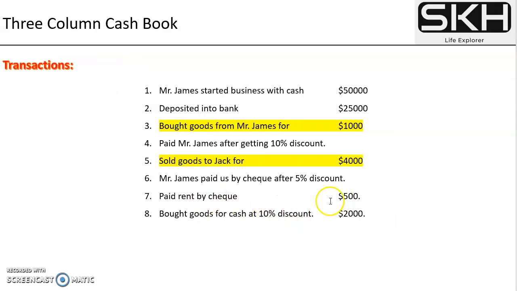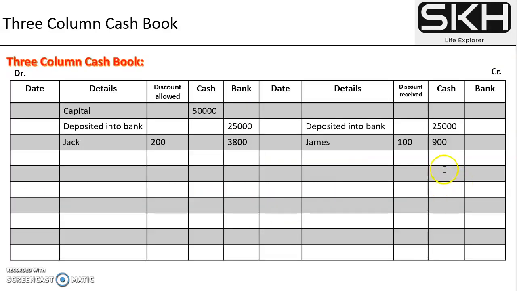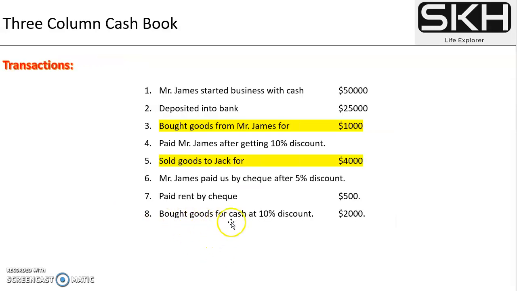Then paid rent by check, another simple entry. 500 paid by check, so bank will be credited by 500. I can write the details here: rent account. And the final entry: bought goods for cash at 10% discount. So it's a trade discount. As you know, we don't record trade discount in our books. However, we will record the transaction in our book.